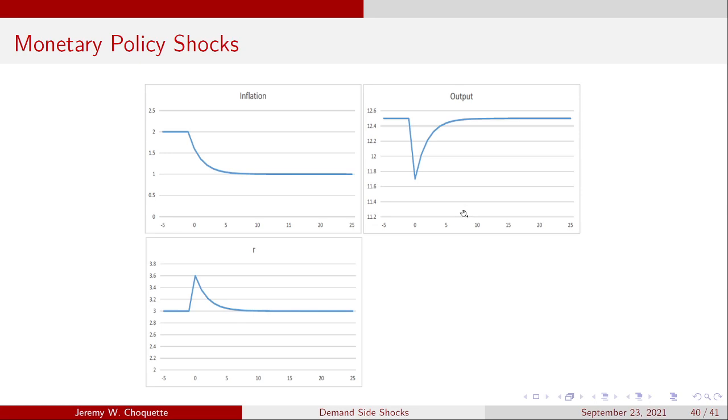So try a couple of things. One, just on your own, look at these and just draw the flip of this, right? So literally just if inflation drops, make it go up. If output drops, make it go up. Literally just flip all these guys upside down.